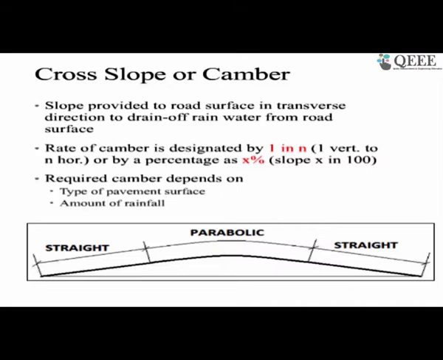So now there are various kinds of camber, and the choice depends on the type of pavement surface and the amount of rainfall. How this is going to help the pavement surface and amount of rainfall will come in the next slide.